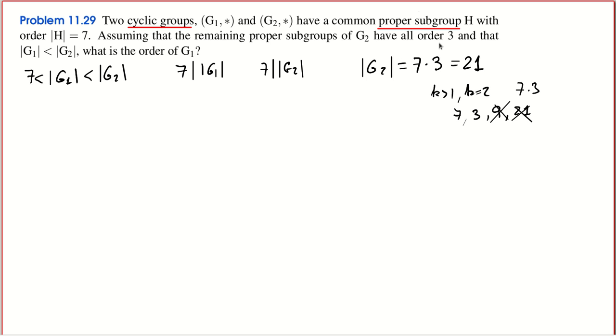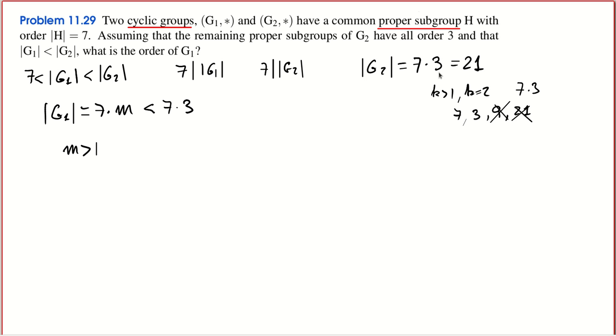Finally, because of this, we know that the order of G1 has to be 7 times m, for some m. m has to be larger than 1 because 7 has to be a proper divisor. But on the other hand, the order of G1 has to be smaller than 7 times 3, which is the order of the group G2.